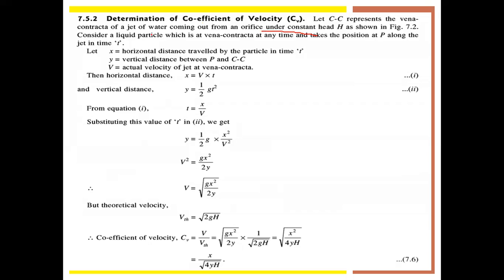Now consider a liquid particle which is at the vena contracta at any time and takes the position P at any point along the jet at time t. x is equal to the horizontal distance traveled by the particle in time t. y is equal to the vertical distance between P and C. V is equal to the actual velocity of the jet at the vena contracta.